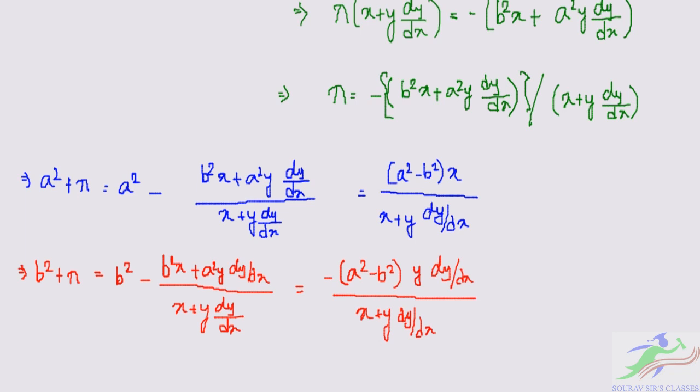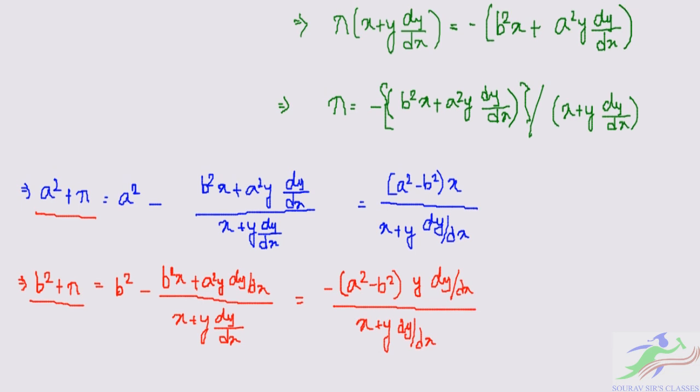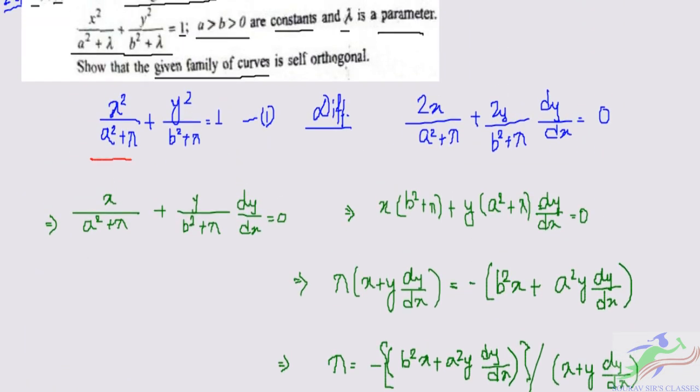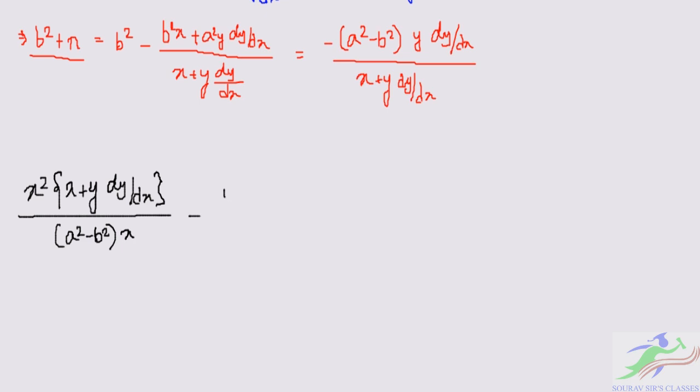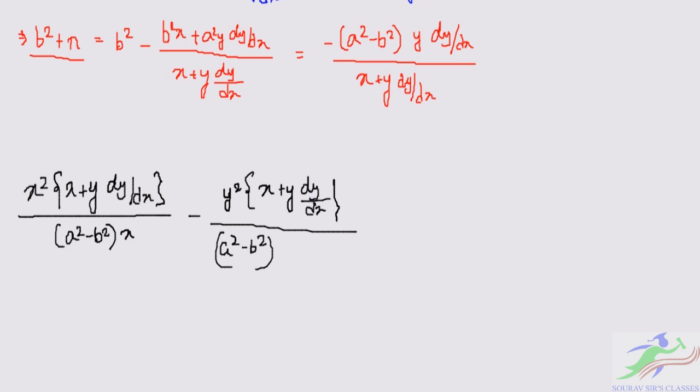Now putting these values of a square plus lambda and b square plus lambda in equation 1, we have x square, x plus y dy dx by a square minus b square x, minus y square, x plus y dy dx by a square minus b square y dy dx, equal to 1.